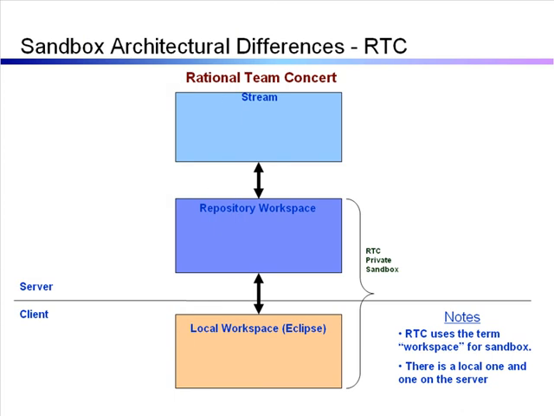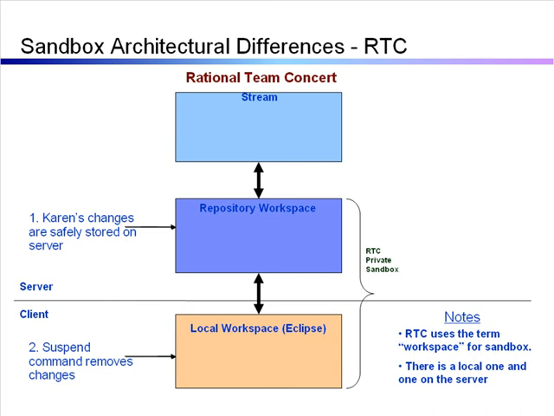Let's review the sandbox architecture for Rational Team Concert to see how this is possible. Recall that the private sandbox for Rational Team Concert is made up of two components, one on the server and one on the client. So what this means is when Karen makes changes, they are safely stored on the server.